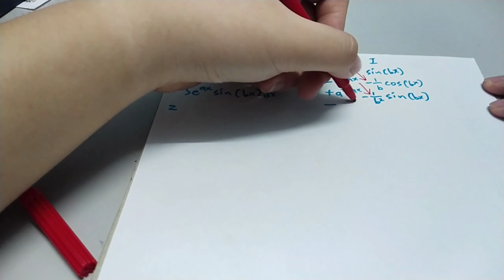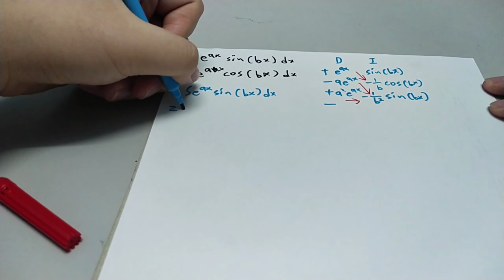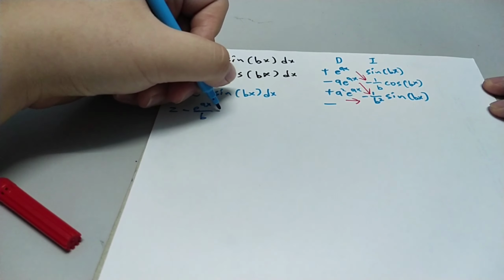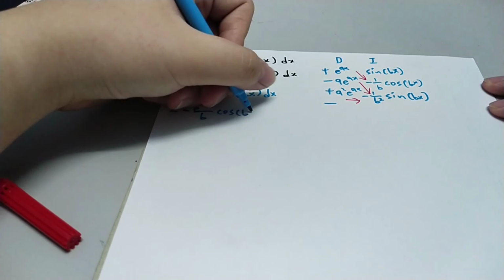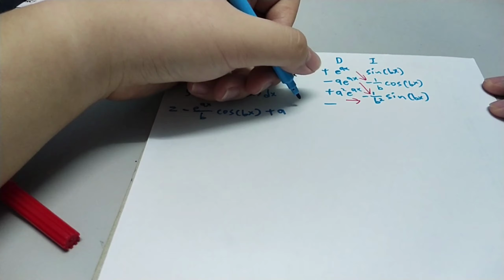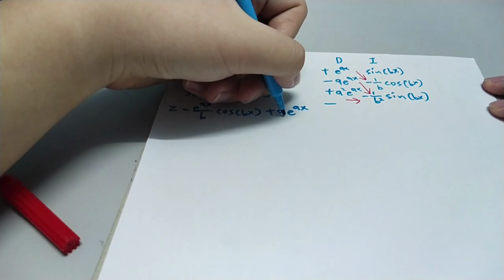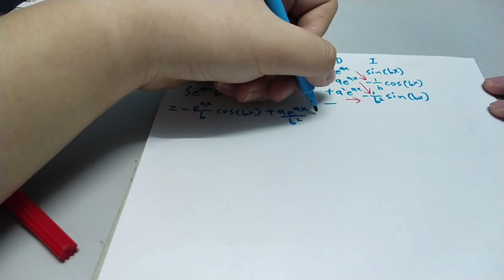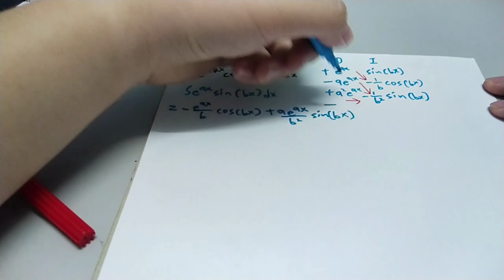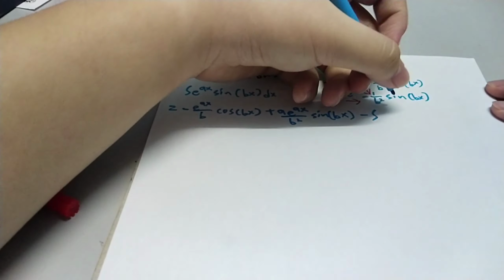So this is equal to negative e power of ax over b times cosine of bx, and then plus a times e power of ax over b squared times sine of bx, and then minus the integral of the product of the row.